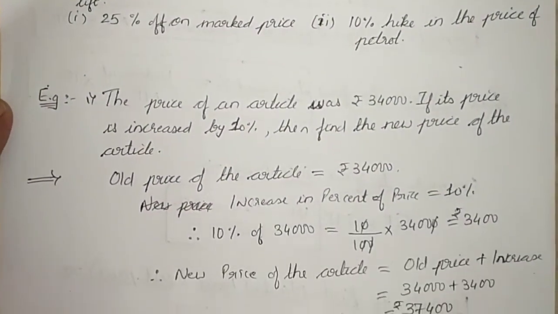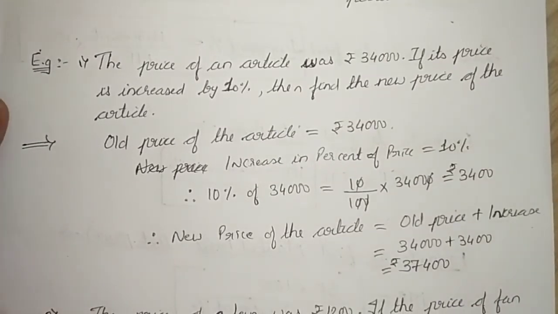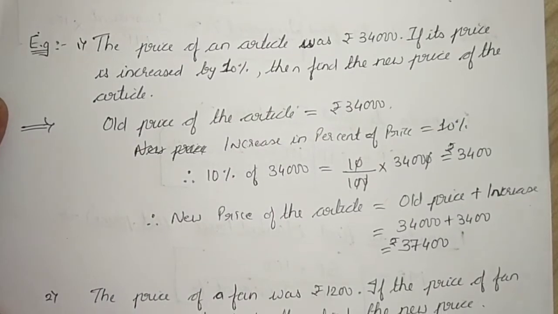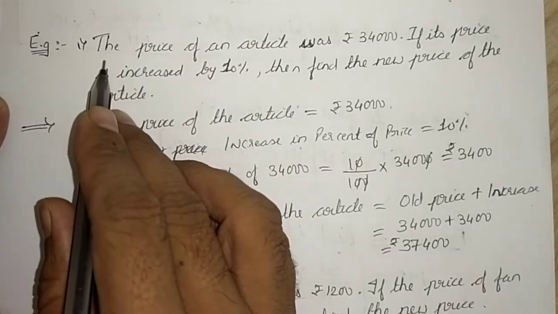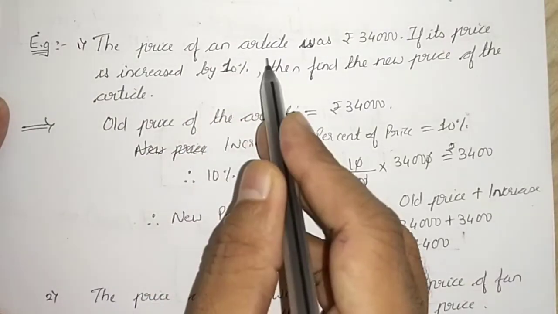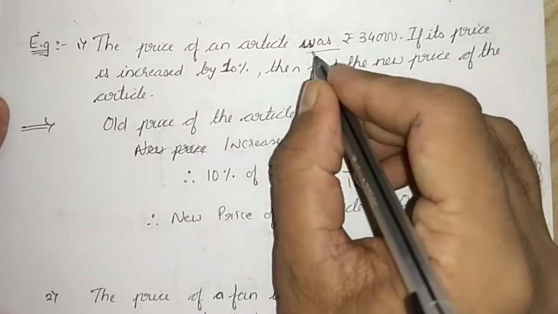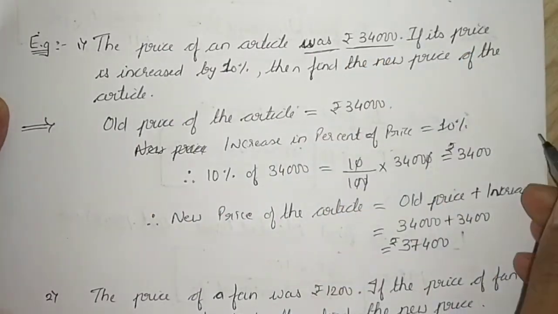So let us take one example and try to explain how to find the increase or decrease in percentage. The first example says: the price of an article was 34,000.